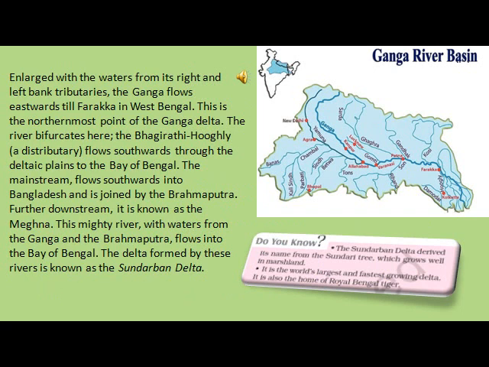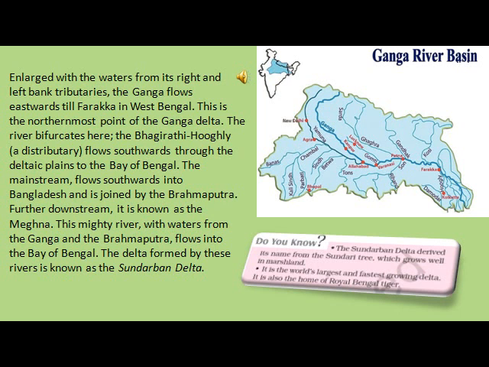Enlarged with the water from its right and left bank tributaries, the Ganga flows eastward till Farakka in West Bengal. This is the northernmost point of the Ganga delta. The river bifurcates here. The Bhagirathi Hooghly, a distributary, flows southward through the deltaic plain to the Bay of Bengal.